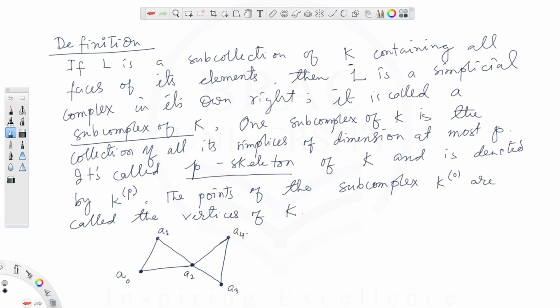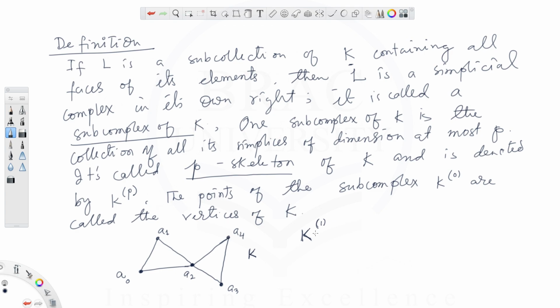So now it is a simplicial complex, we know from the definition. Now I ask you to find the one skeleton of this complex, which will be a subcomplex according to this definition.